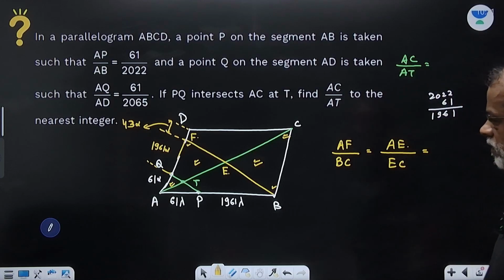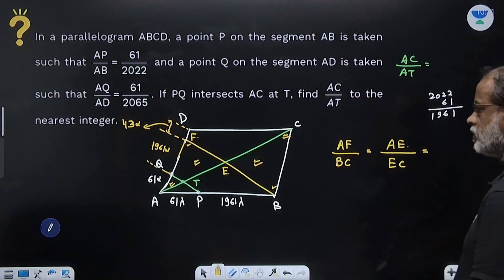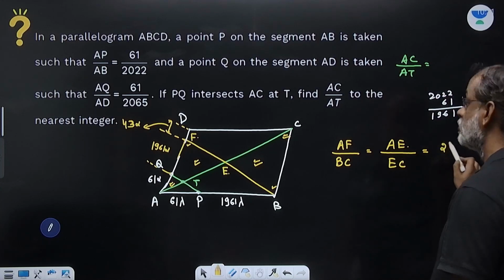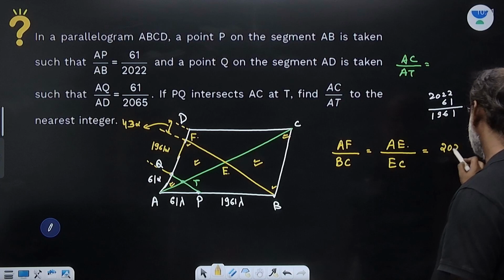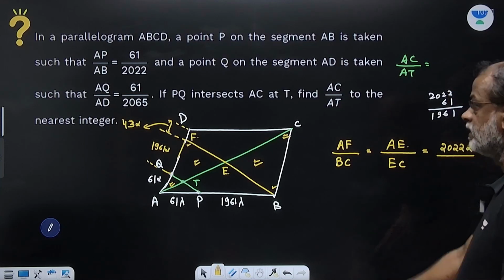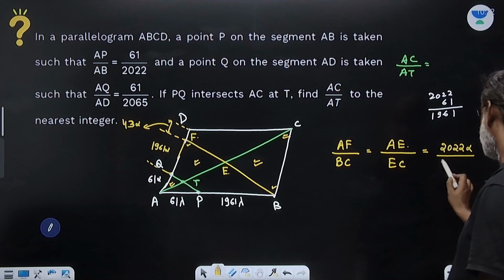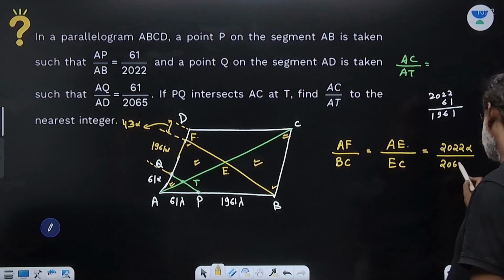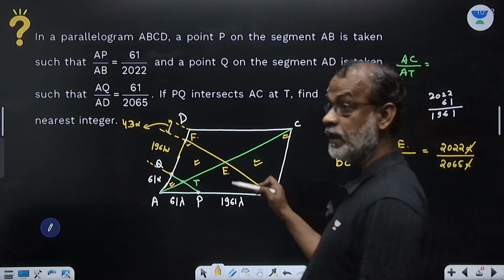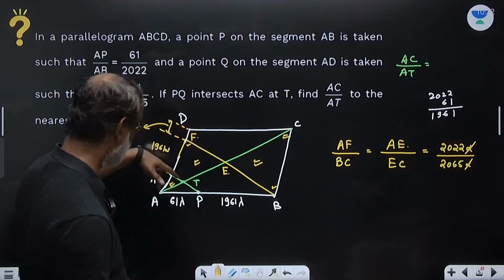Now, AF is 2022 alpha, and BC is 2065 alpha. So, we get AE by AC, and now you can see we can find now AT by AE.